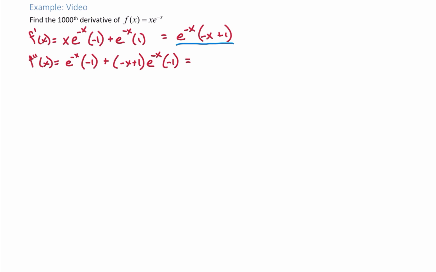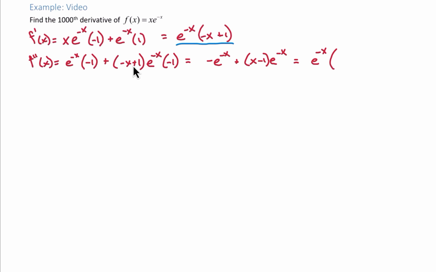And let's simplify that. The first term, we get negative e to the negative x. And in the second term, let's distribute the negative 1 inside the parentheses, giving us x minus 1 times e to the negative x.